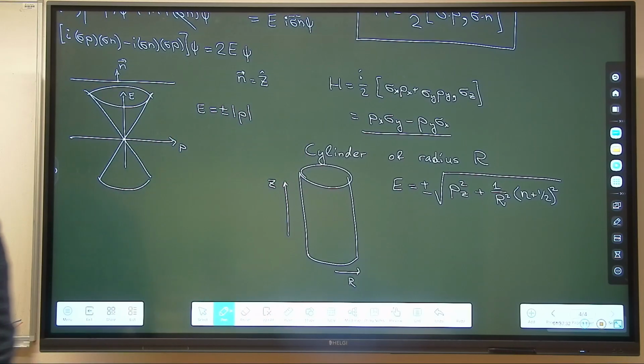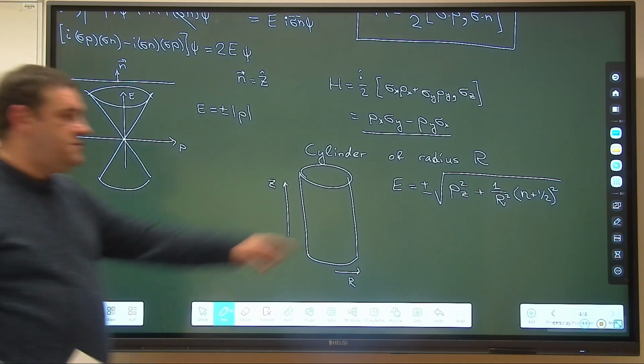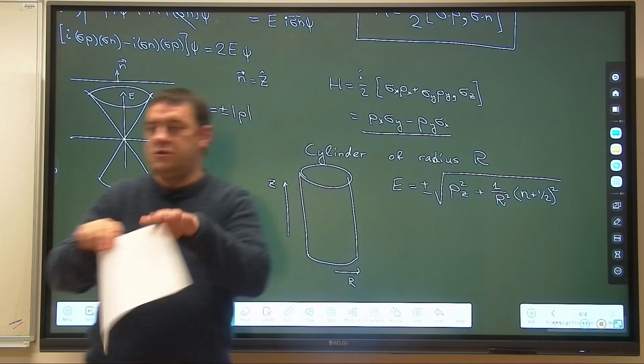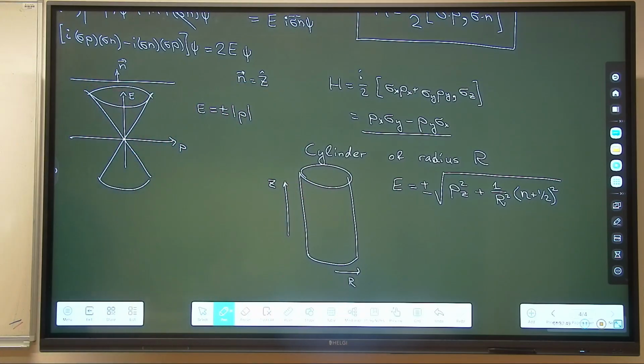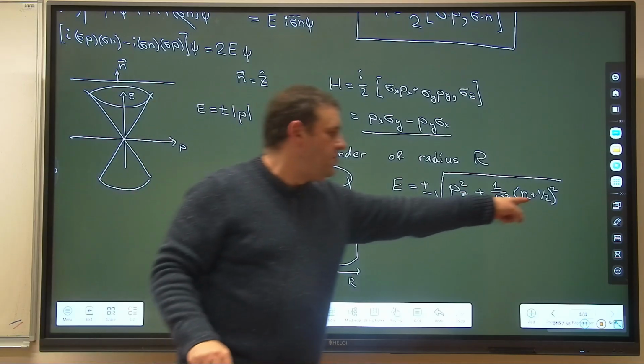So n is like the quantized momentum around the cylinder, and pz is the unquantized, continuous momentum in the z direction. The nice thing is this 1/2, because if you have just a usual metal, like aluminum foil, and you make a cylinder, you compute the quantization around, and you get exactly the same thing without the 1/2.